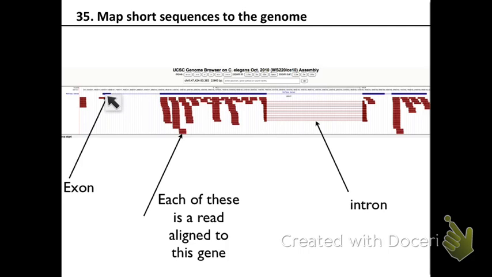Again, the thicker rectangles are showing you the exons, and the little lines are the introns. So in this gene, this is the start, exon, exon, intron, exon, exon. Each of these red rectangles is a read. That's a 50 base pair or 35 base pair read sequence. So that read aligned here, that read aligned here, and so on.